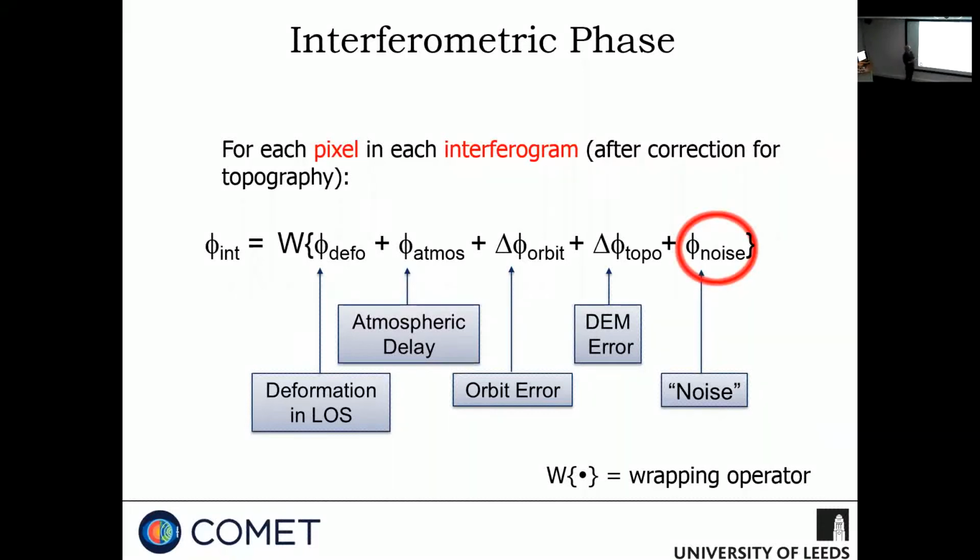You can identify PS pixels essentially by how much noise they have. So this noise term is what characterizes whether a pixel is going to be a PS pixel. Although you think of PS pixels as being dominated by a single scatterer, in practice this is the way you characterize it. If it is just a distributed scatterer pixel, then you get a lot of noise, generally speaking.